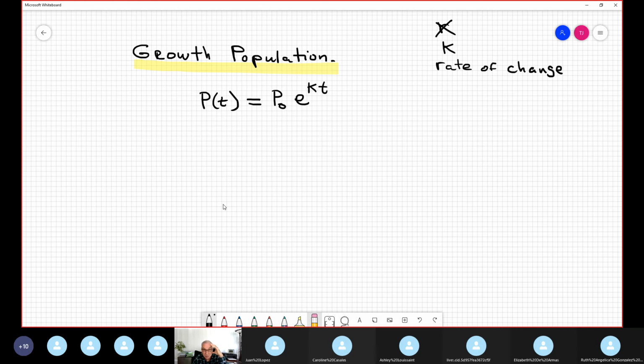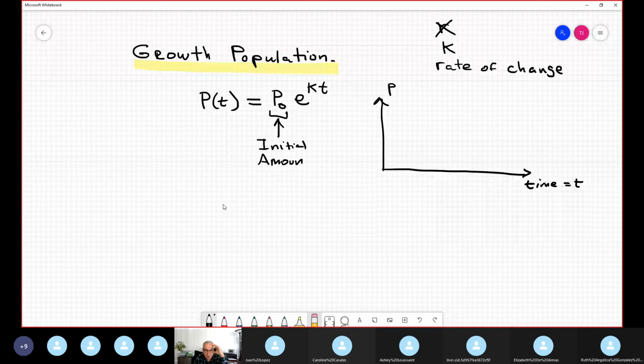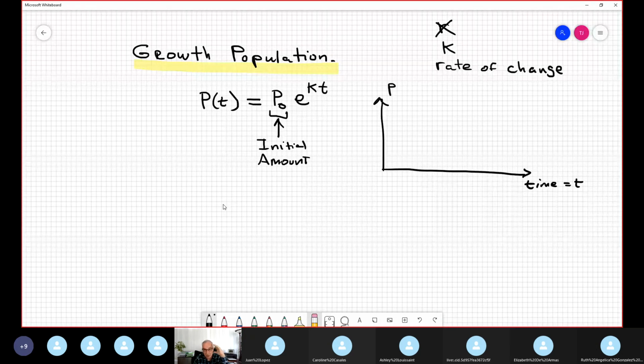Let me show you. For example, this axis is time, T, and this axis is P, the population. Population is the amount of insects, viruses, or bacteria. And P null is the initial amount. So we have at the beginning, I don't know, 500, at T equals 0.